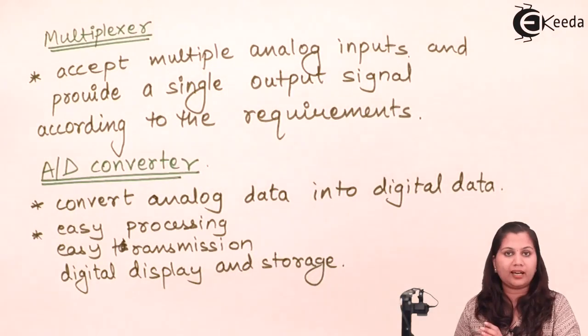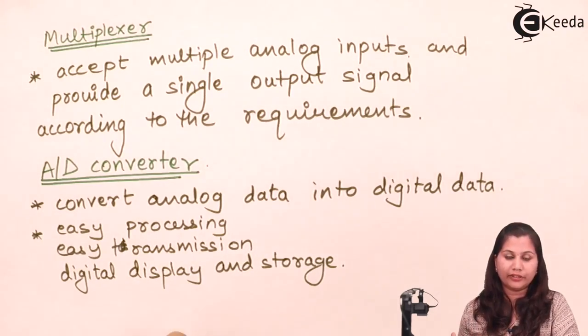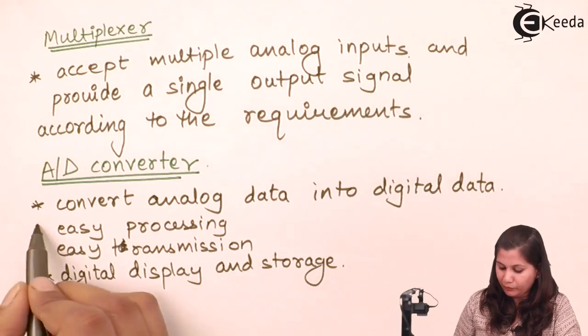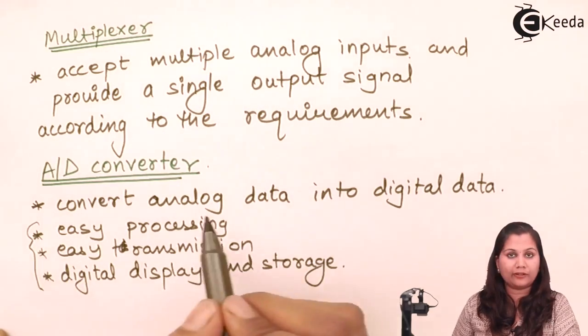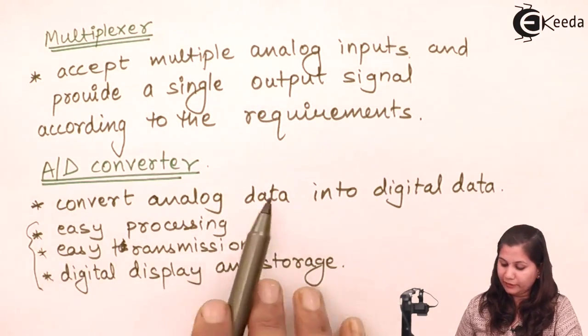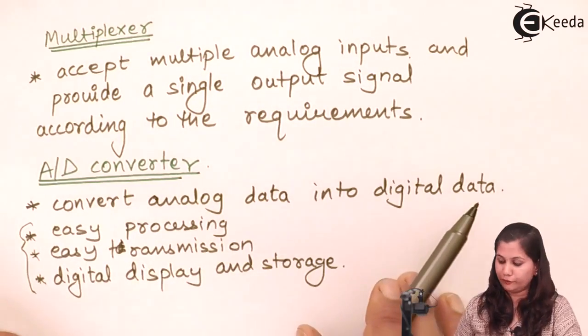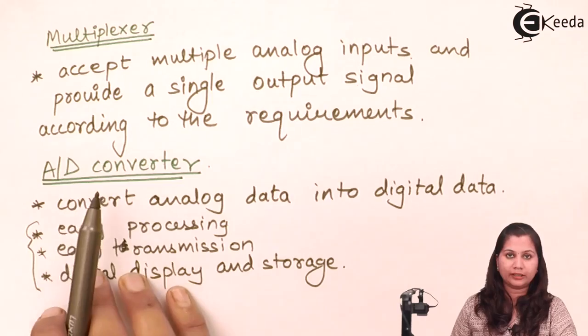Because when digital data is stored, it is going to occupy less space. Also, if we are getting digital readings, then the errors are reduced. So in all these cases, digital data has more advantages than analog data. So there is a need for converting the analog data into the digital form, which is done by the A to D converter.